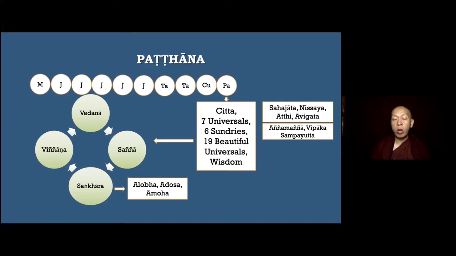And this sankhara khanda also can support vijnana khanda, vedana khanda, and all other remaining mental factors in sankhara khanda. So these alobha, adosa are root conditions, as we explained in the previous Dhamma talk. Then it will be hetu paccaya, root conditions. So sajata, nisaya, ati, avikata are big sajata; anyamanya, vipaka, samyutta are medium sajata; hetu is a small sajata. We will continue all the small sajata, step by step.